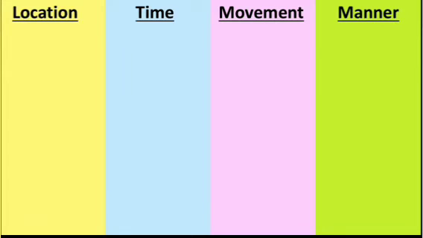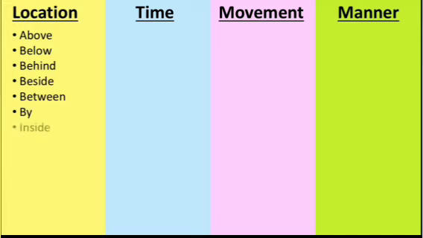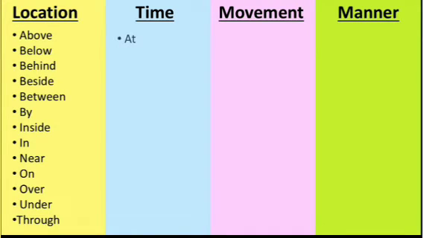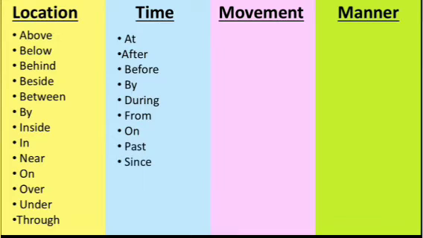The common examples of prepositions of location are above, below, behind, beside, between, by, inside, in, near, on, over, under, through.